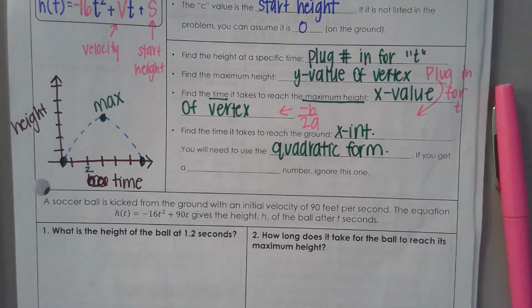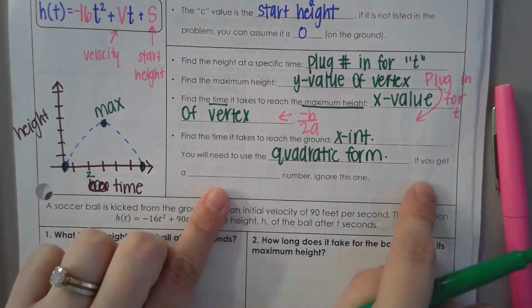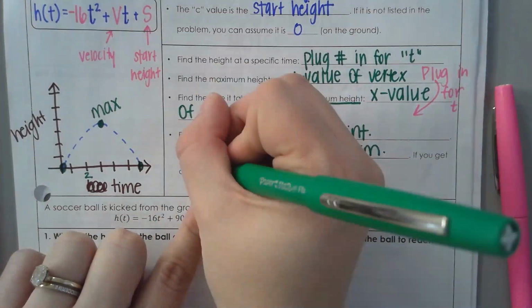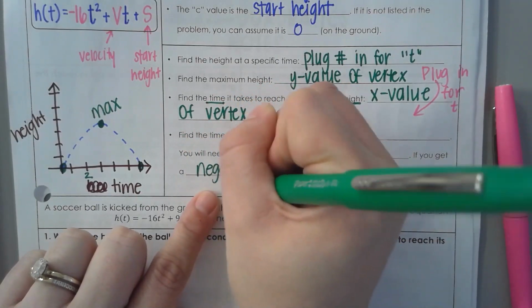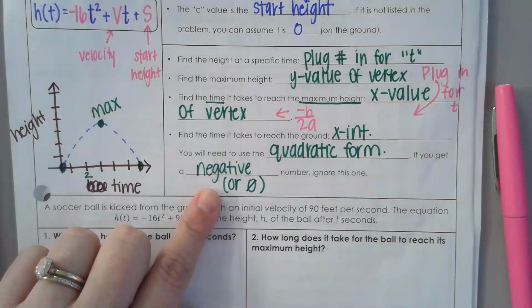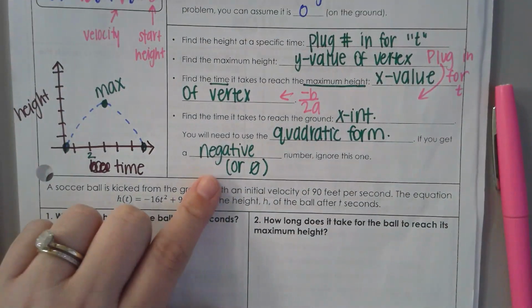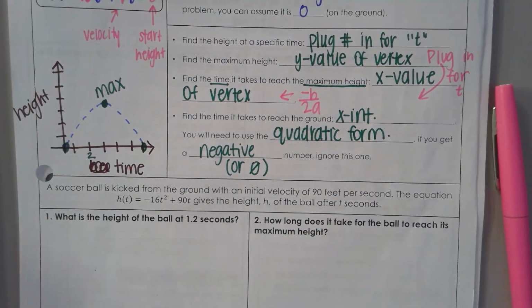So if it says something about how long does it take to reach the ground, you're going to do quadratic formula. Now, actually, all of the time, you will either get a negative number as one of your answers or 0 as one of your answers. If that's the case, ignore it. And as we do an example, you'll see that.